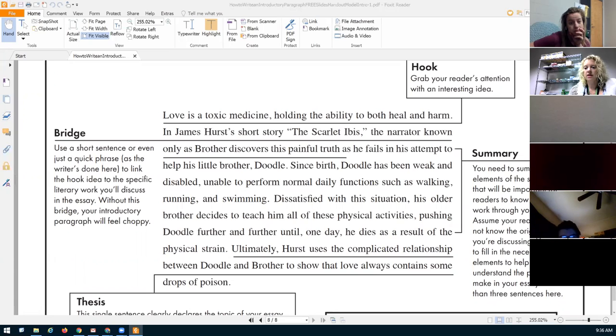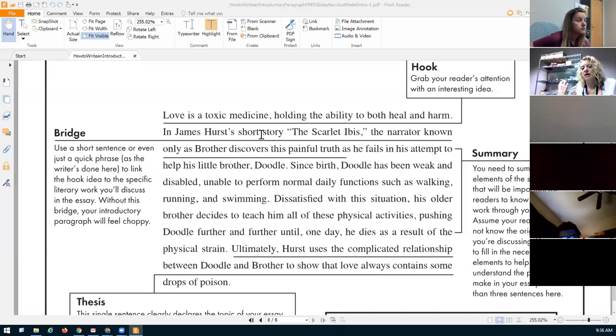Wake yourself up. Can I explain the bridge again? Okay, yes. The bridge goes in between the hook and the summary. What that does is it introduces your topic. It introduces what you're going to be talking about.